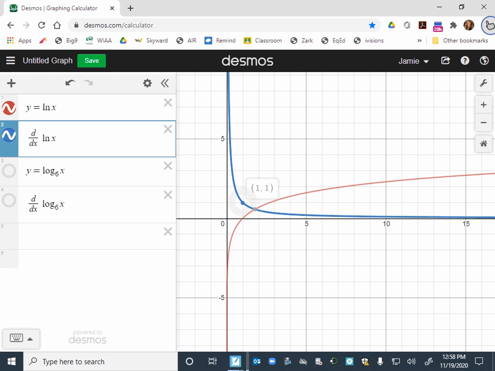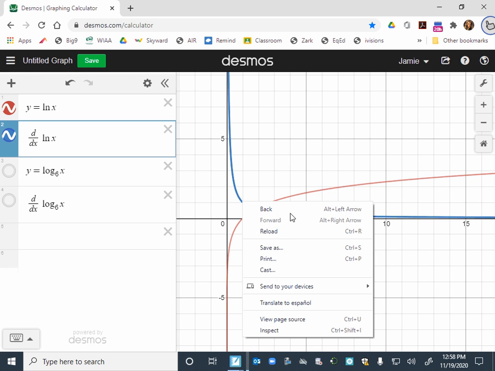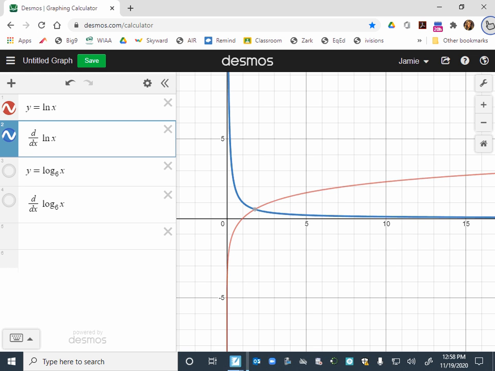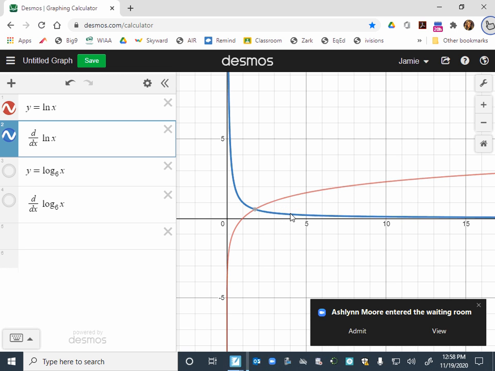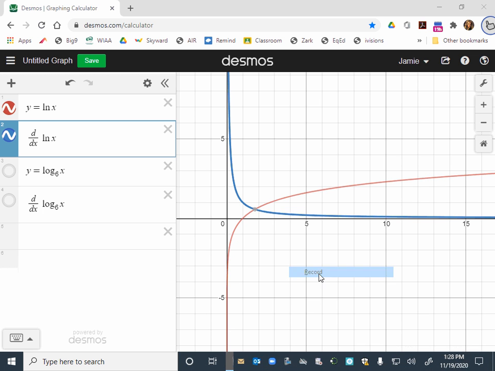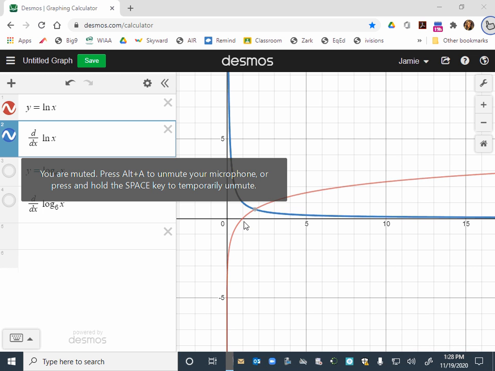This is the point 1 comma 1 is on the derivative. The point 4 comma 0.25 was on there. All right, so kind of back over.